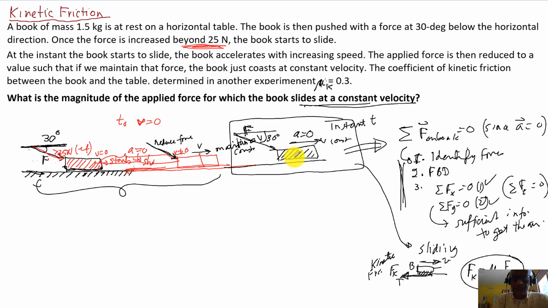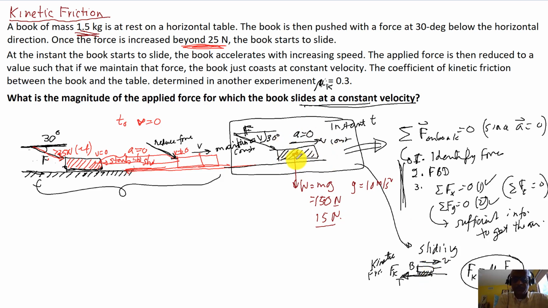First step is identify forces. So you have a weight, which is equal to mg, and we can say g equals 10 meter per second squared. So here it's 50 Newton. And that's the weight.